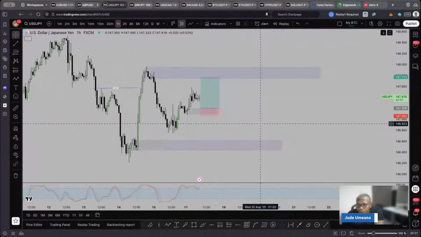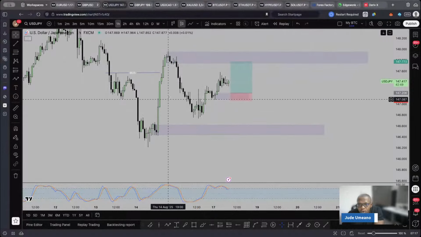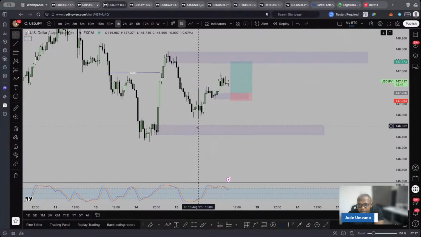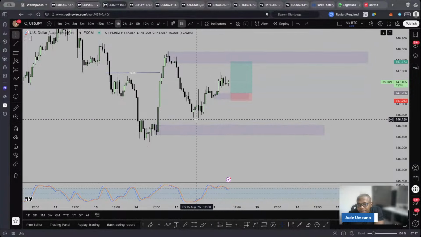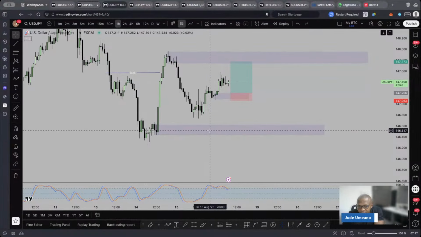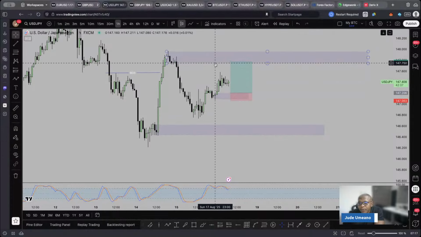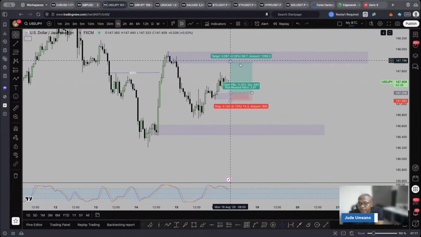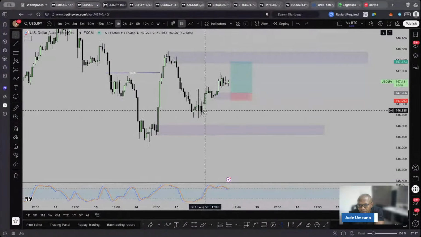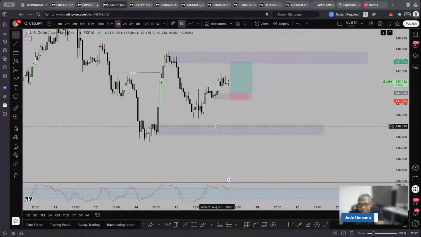But for now, what am I looking at? So we have a strong move upward. It's a pity we didn't tap into this zone. This would have been a high probability. If we had tapped into this zone, then it becomes the probability that we're going to break this high. But this move upward is not coming from any demand zone.